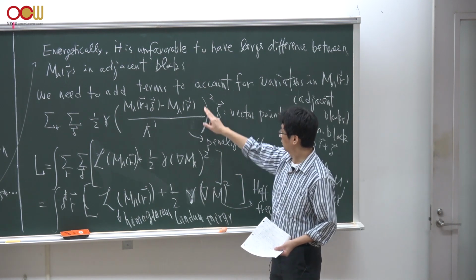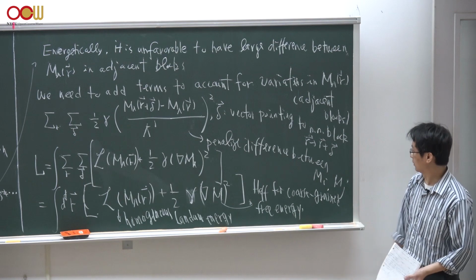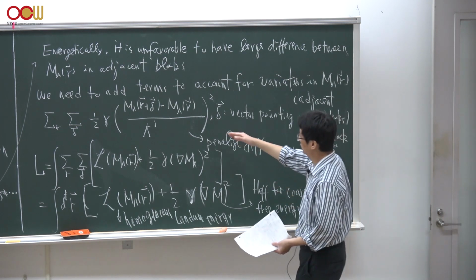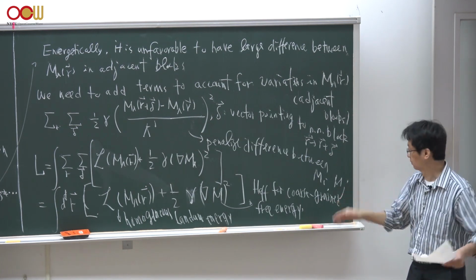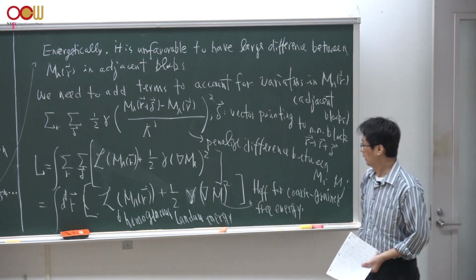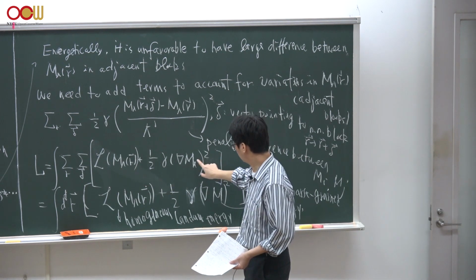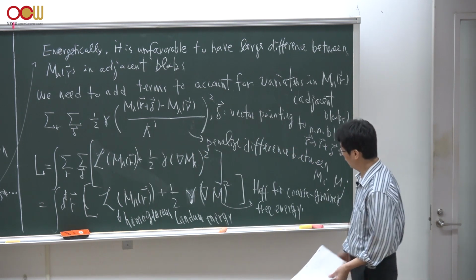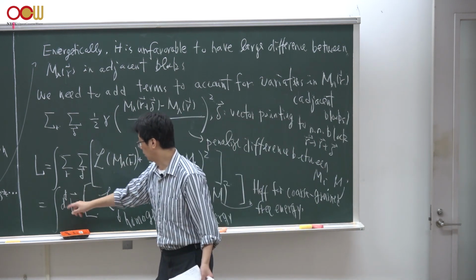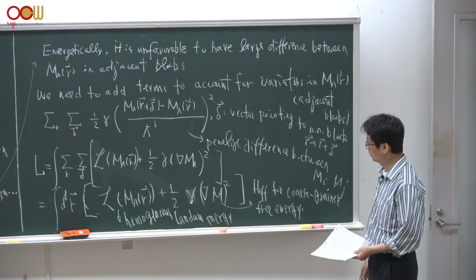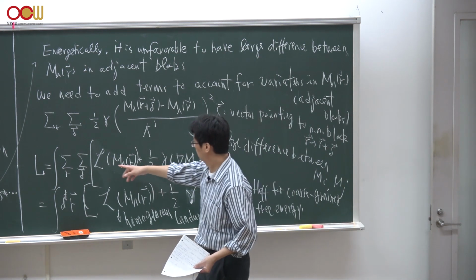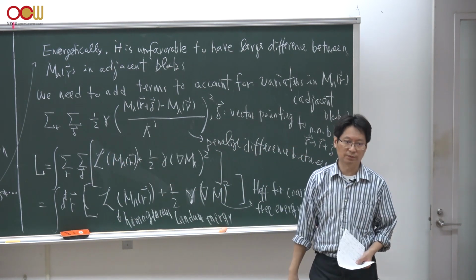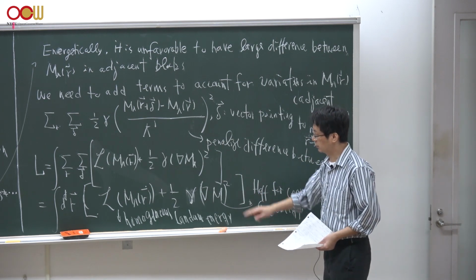We put this gradient squared to penalize the differences between adjacent order parameter blocks and to make the magnetization more uniformly distributed. Therefore, we add this gradient of m squared in the Landau free energy density, form the sum of these two, and integrate over the entire real space vector. But then you could locally just sum over, say, nearest neighbor blocks.